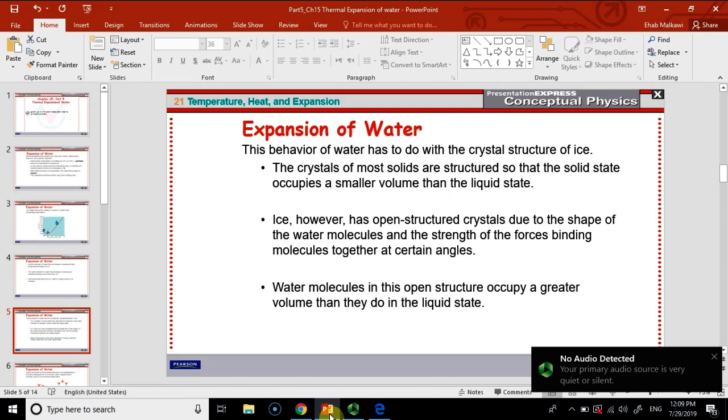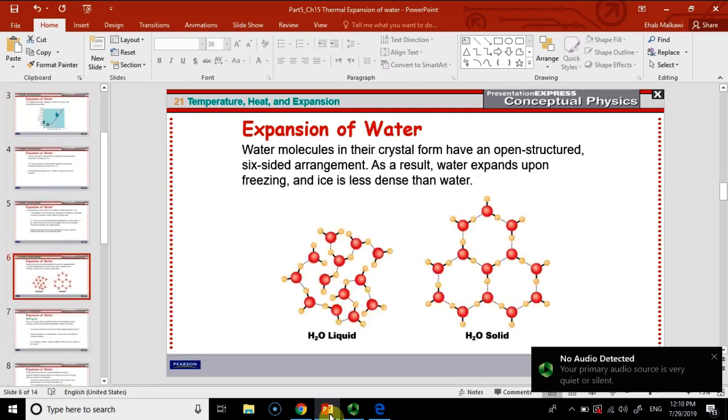Water molecules in this open structure occupy a greater volume than they do in the liquid state. And that's why the volume of ice is larger and the density becomes smaller.